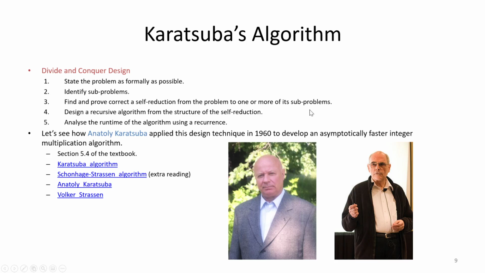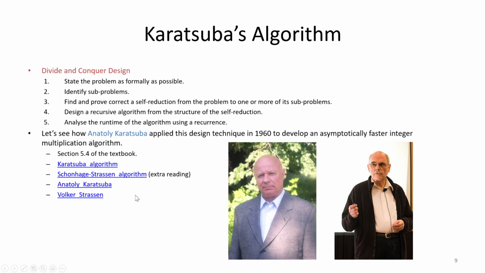As I mentioned, this technique was applied by Anatoly Karatsuba, here in a more recent photo. He solved this when he was quite young, and he came up with this algorithm, which today is called Karatsuba's algorithm. I also have here a picture of Volker Strassen, who is credited with another integer multiplication algorithm, the Schönhage-Strassen algorithm, which I don't plan to make a video of at the moment, maybe in the future.